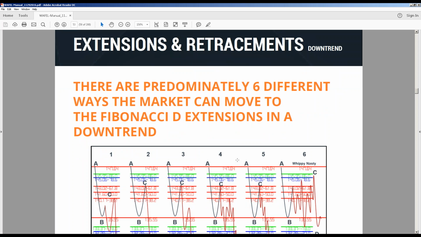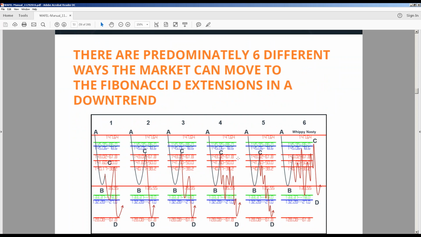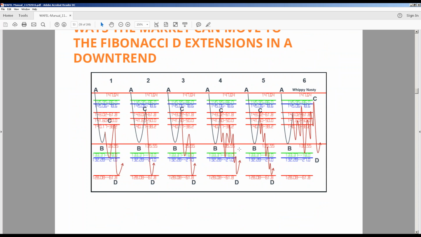Right, now there are 6 different ways the market can move to the Fibonacci extension in a downtrend. There you have your down AB boundary and super shallow retracement. Market bounces against the 127 extension, then gives you a deeper C and then move to the D, or it might just give you a deep C and then move to the D. It might give you a deep C bounce against the 127 extension, then retrace, but it's basically just waving down.